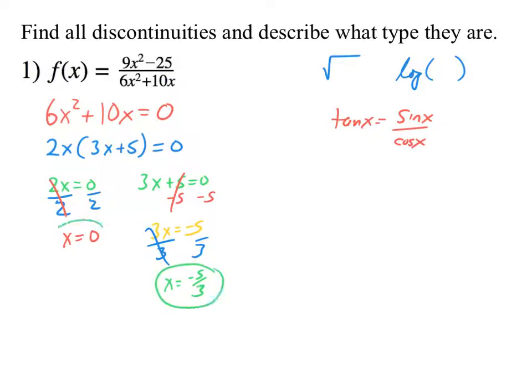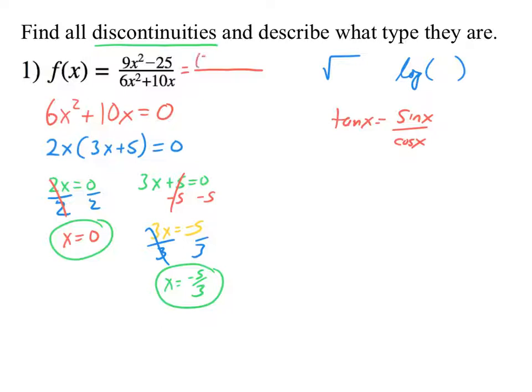So these two are our discontinuities. Now, what type of discontinuities they are is a whole other story. To get those, we have to factor and see what happens when we factor and cancel, and hopefully something cancels out, and that's what creates the certain types of discontinuities.